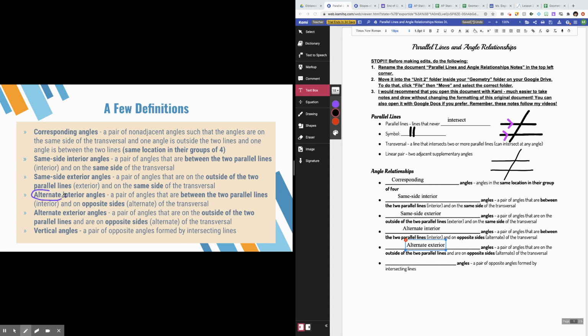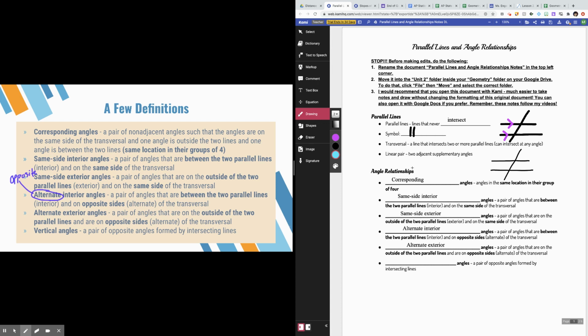This word alternate means opposite. So as you probably guessed, that means one of the angles in the pair has to be on, say, the left side of the transversal, and the other has to be on the right side.